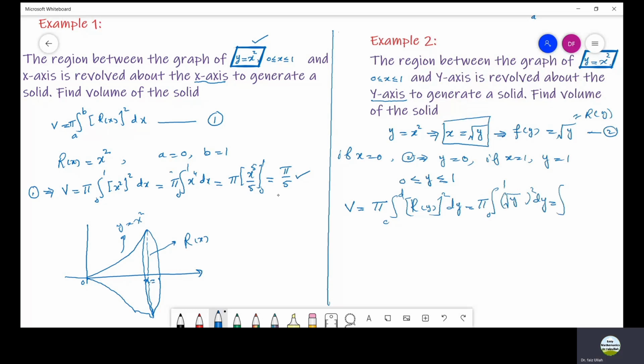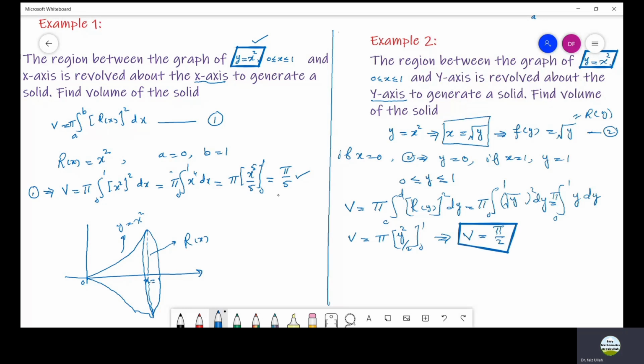If we simplify this, we get integral 0 to 1 y dy. Let us integrate it. So if we integrate it, we get pi and y square by 2, where the limits are from 0 to 1. So if we put the limits, we get pi by 2. And that is the required solution of this problem.